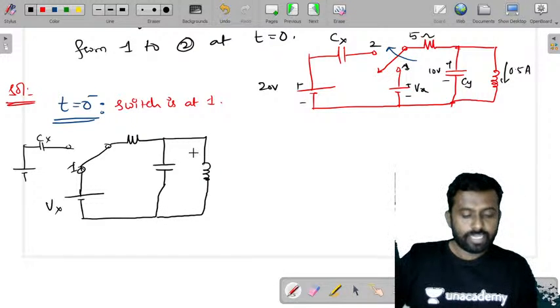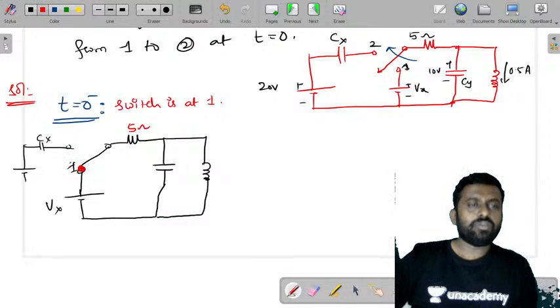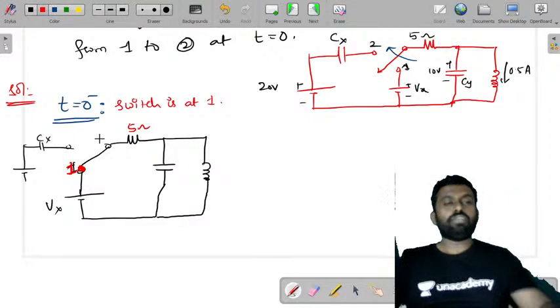Now at t0 minus, this is 5 ohms, and this capacitor is connected to this point 1 for a very long time.